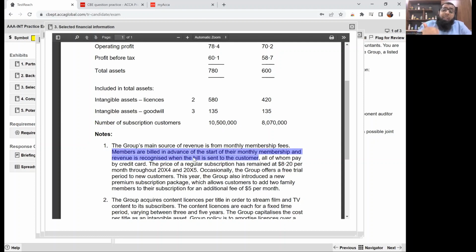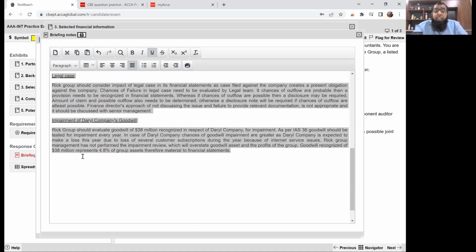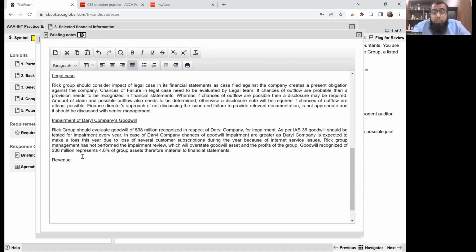You are billing the customer at the start of the month, and you cannot recognize the revenue at the start of the month because you haven't given the performance yet. Okay, all of whom pay by credit card. So the first issue here is that the revenue recognition approach is wrong.